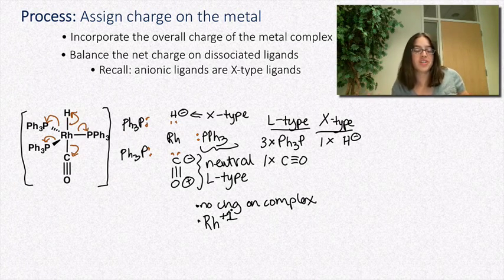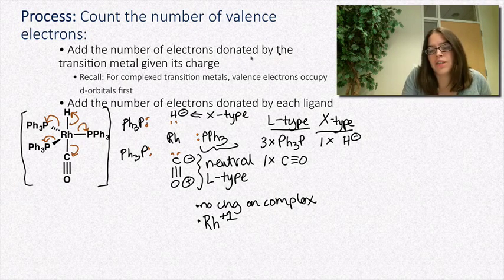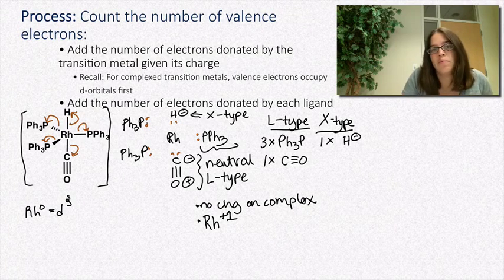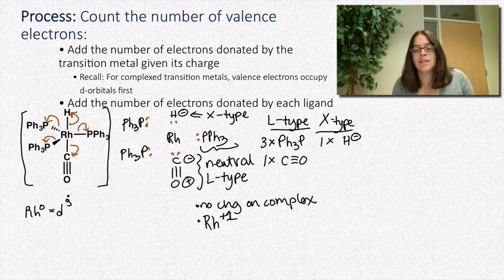We've assigned the charge. At this point, we're ready to count the number of valence electrons on the metal. You add the number of electrons donated by the transition metal given its charge. So in this case, rhodium 0 is a d9 metal. Remember here that with transition metals, valence electrons occupy the d orbitals before they occupy the s and p orbitals in general.